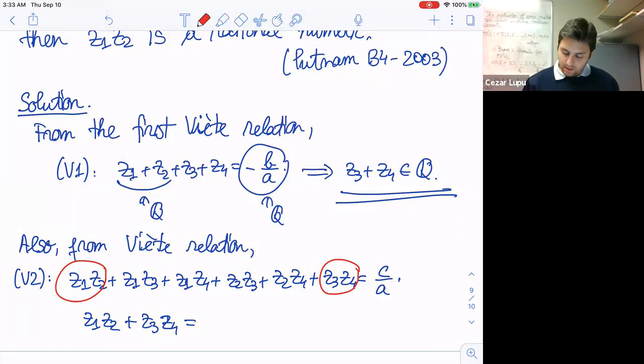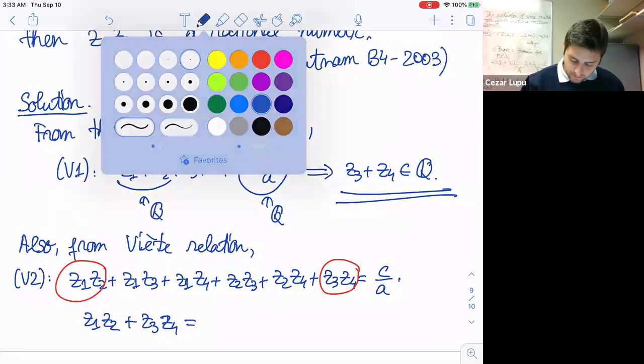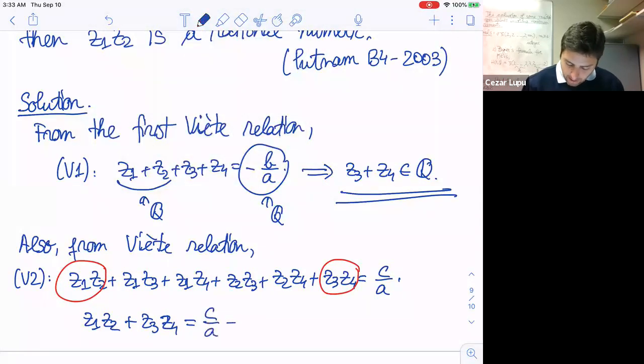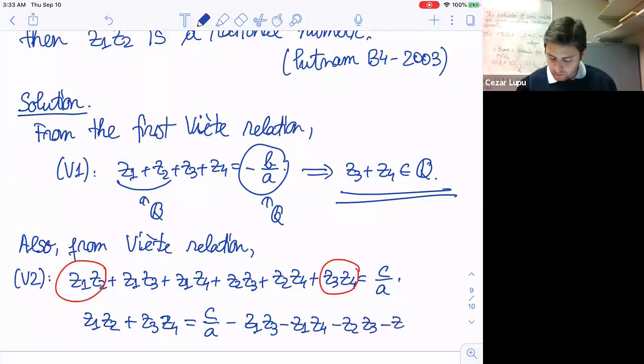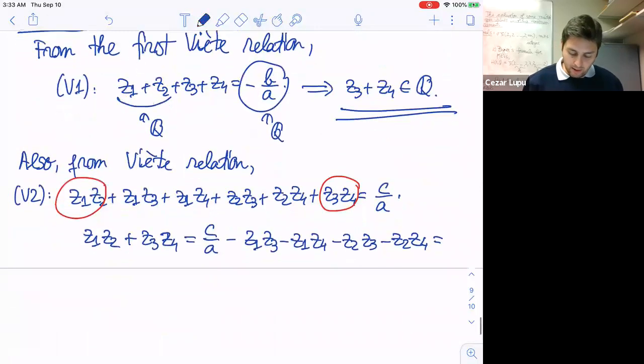This will be nothing else than c over a minus z1z3 minus z1z4 minus z2z3 minus z2z4. That's beautiful, because this can be factored easily.